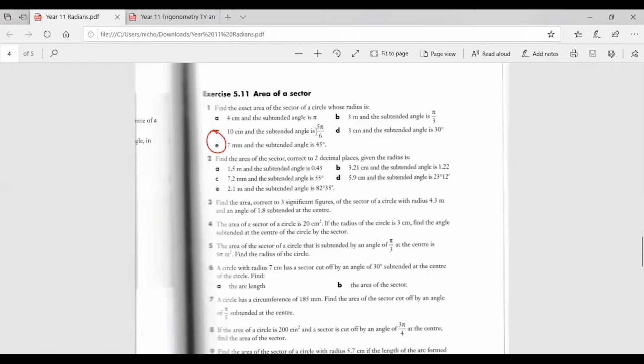7. That'll be 49 pi on 8 millimeters squared.